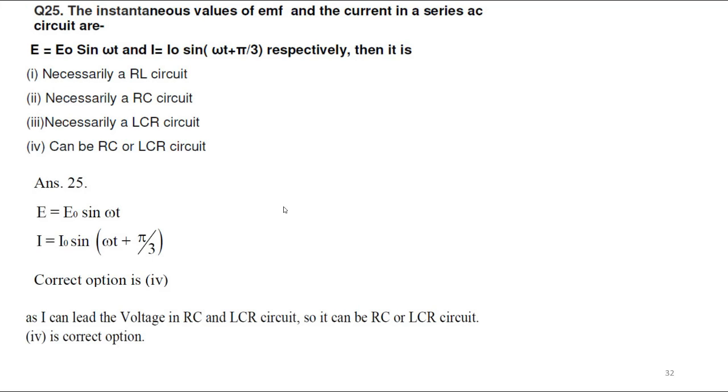See here, instantaneous values of EMF and the current. Value of EMF is E naught sin omega t. Instantaneous value of current is I naught sin of omega t plus pi by 3. You see here there is plus pi by 3, which indicates current leads.